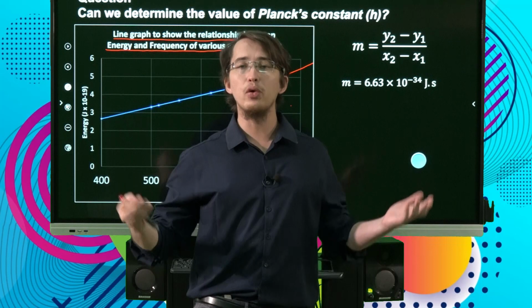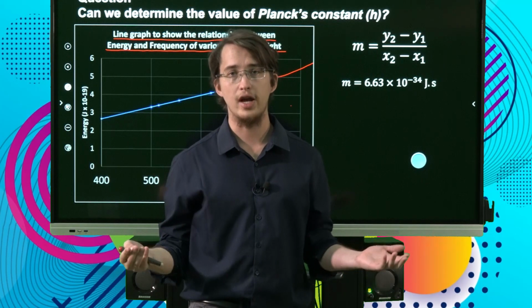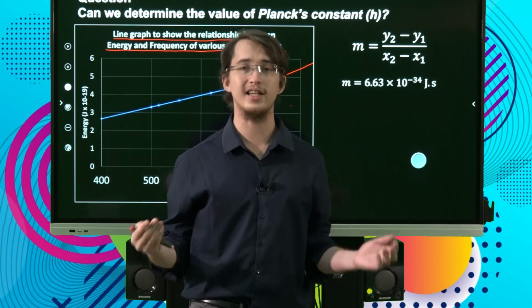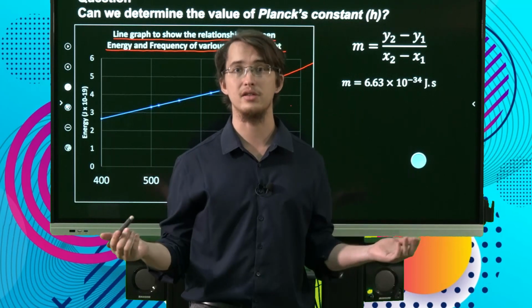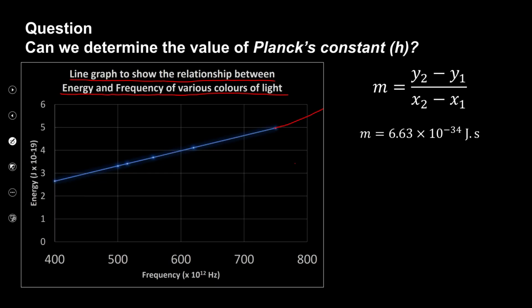So what's the importance of the fact that this line is straight? Well, the first thing it lets us do is find a gradient. So let's do that. When we calculate the gradient, we use the normal gradient formula where m, the value for the gradient, is given by y2 minus y1, all divided by x2 minus x1.